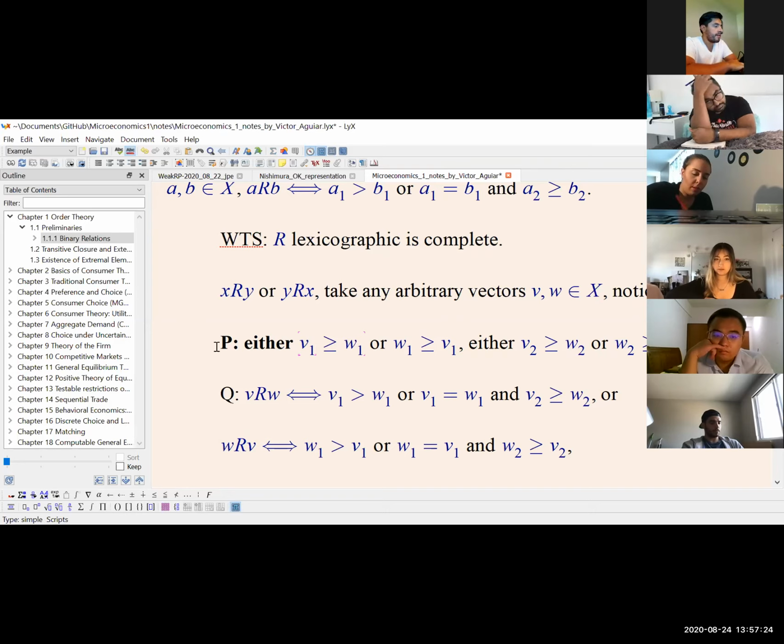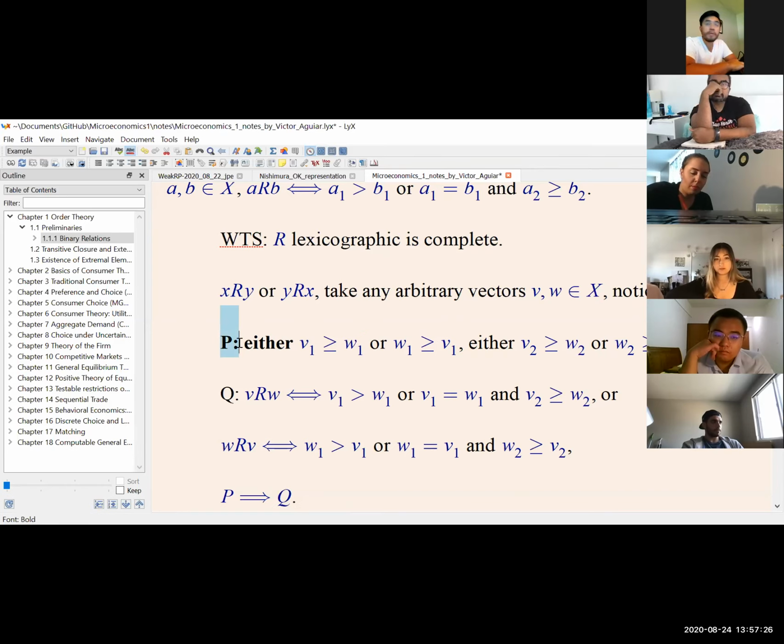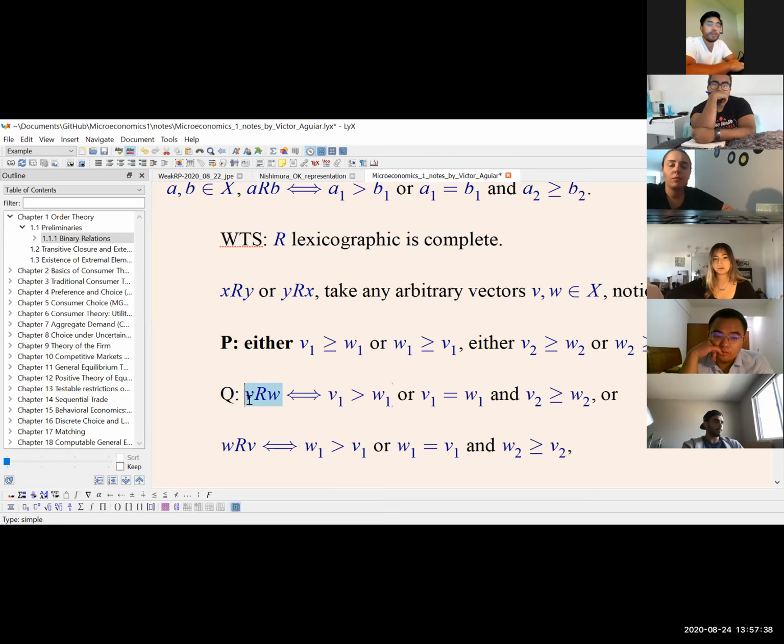The premise is P, that you're lexicographic, and the conclusion is that this is actually a complete order. So it has to be that either V is in relation with W or W is in relation with V. This part is a little bit more wordy than usual, but what I want to showcase in this particular example is that I'm gonna try to be super formal to show something very simple, just so that you see the structure of a logical proof.